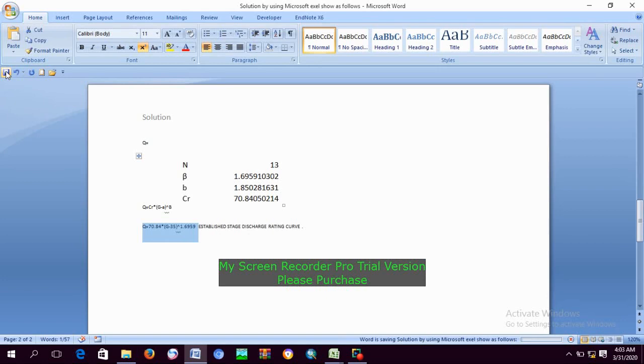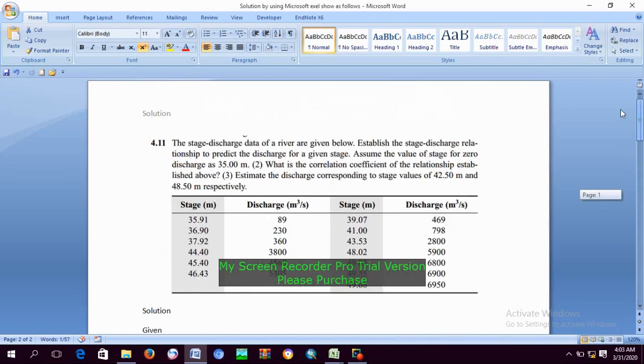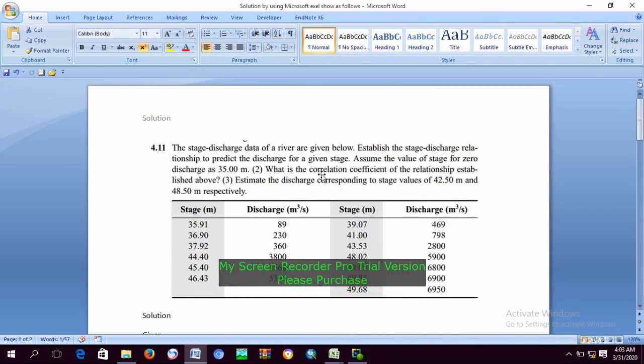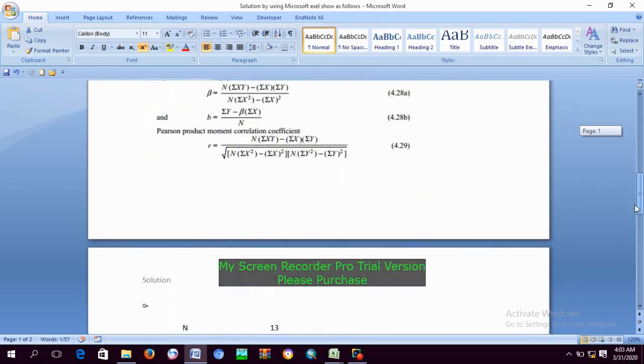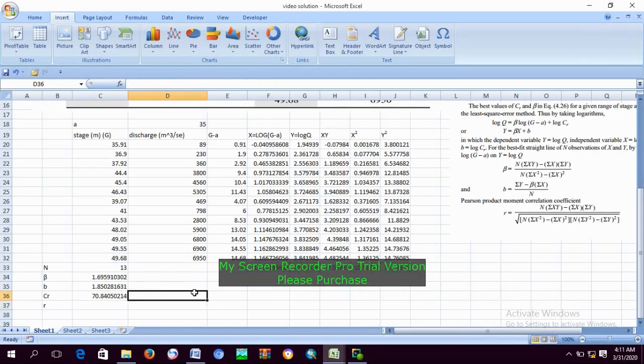For example, in our question, what is the correlation coefficient of the relation established? We determine the correlation coefficient using this formula. We calculate the numerator and the denominator.